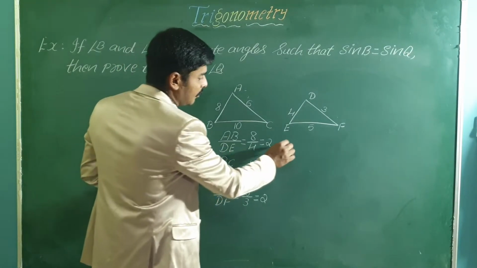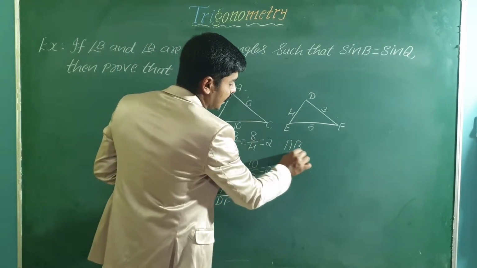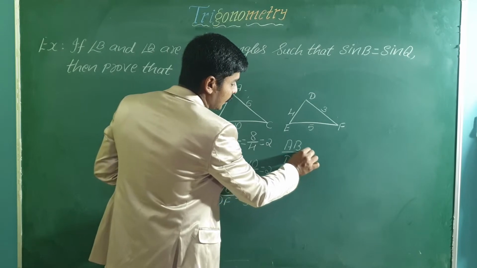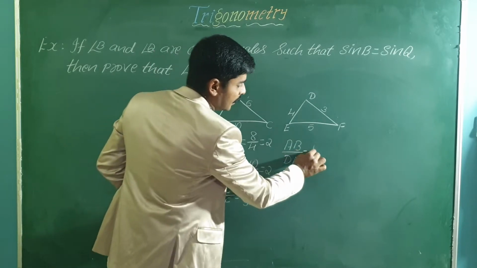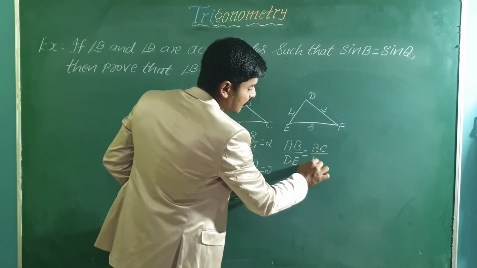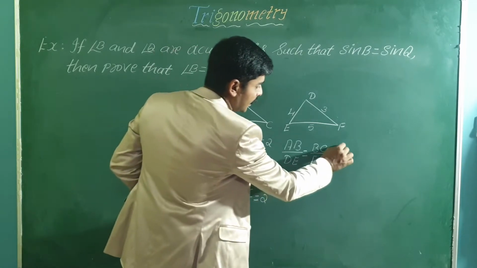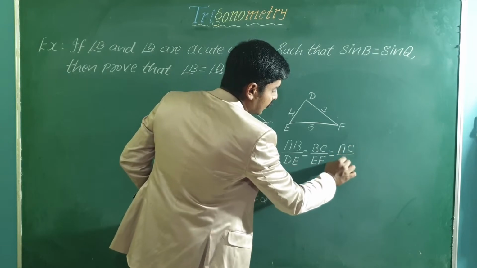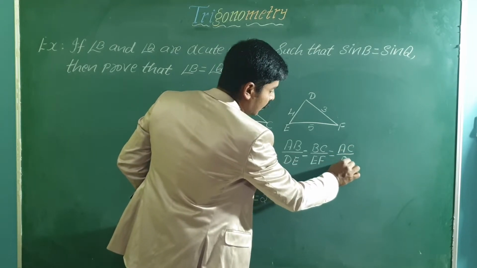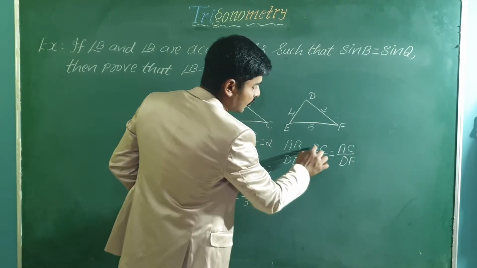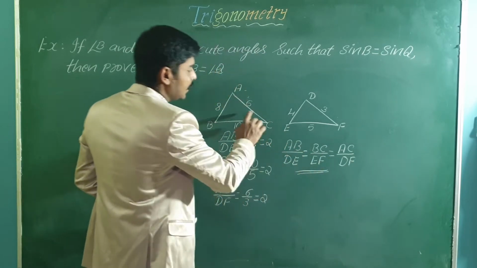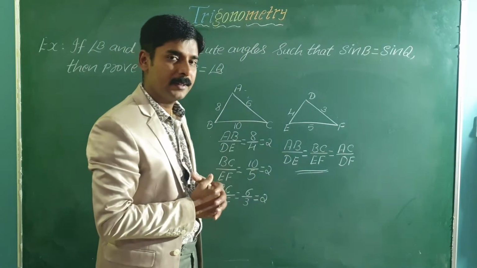That is, AB by DE is equal to BC by EF, and this is also equal to AC by DF. If the ratio of their corresponding sides are equal, then these two triangles are said to be similar.